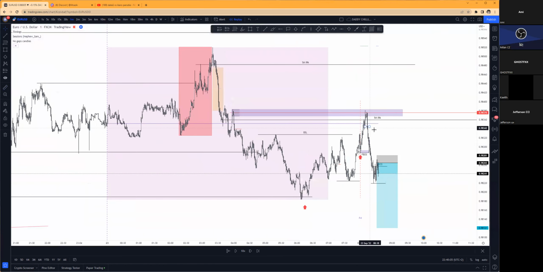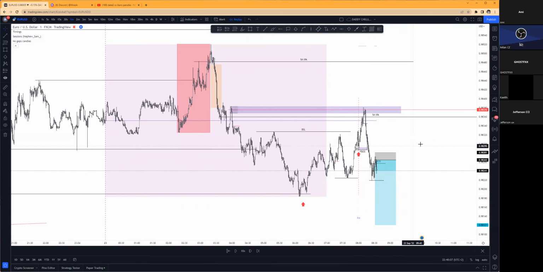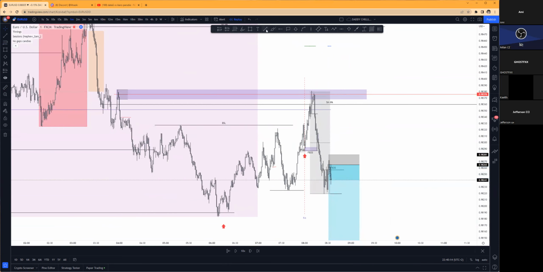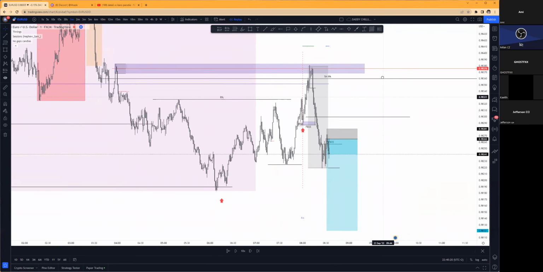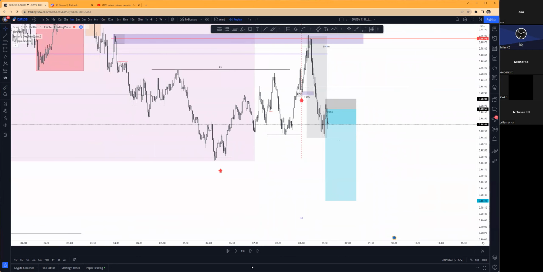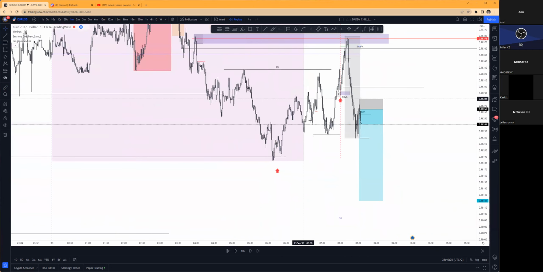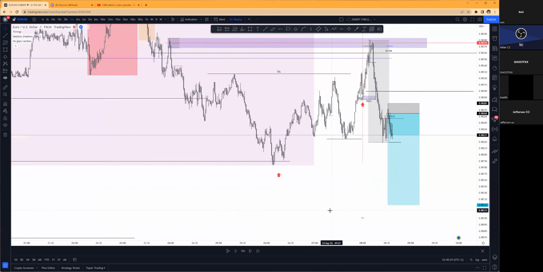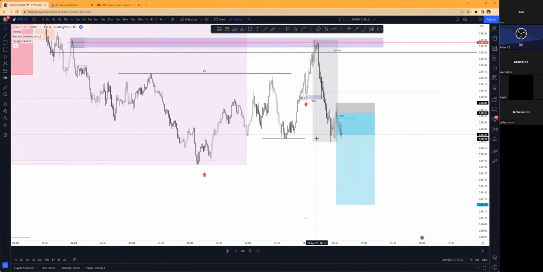The only reason I'm doing this is because of the momentum price is giving us. But of course, if price goes above 50%, which would be this, I'd be happy to take a confirmation entry of that. So let's see. Okay, seems good.